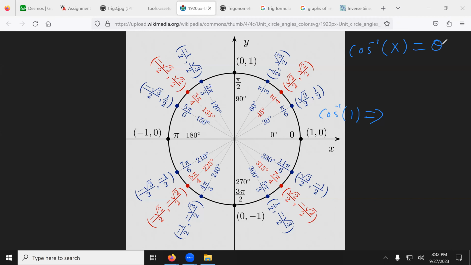So by definition, this means that cosine of theta gives you an x value. That's a definition that we use for inverse. So that means there's some angle that makes this equal to 1. That angle happens to be here, giving me an x value of 1.